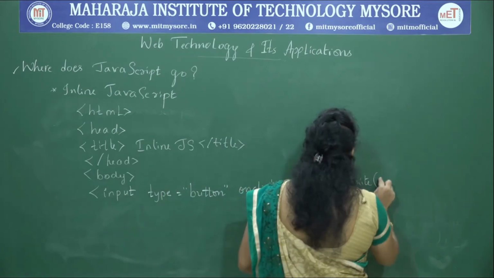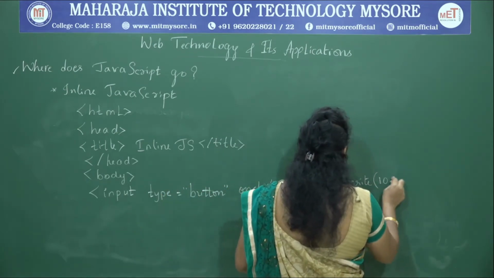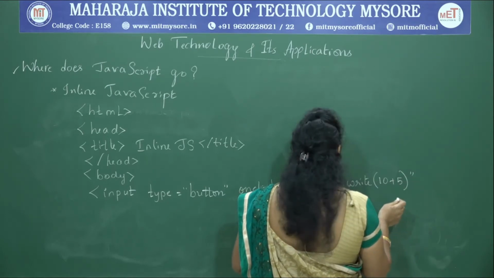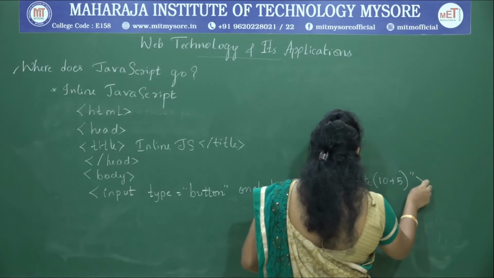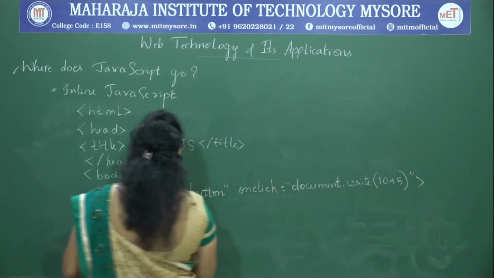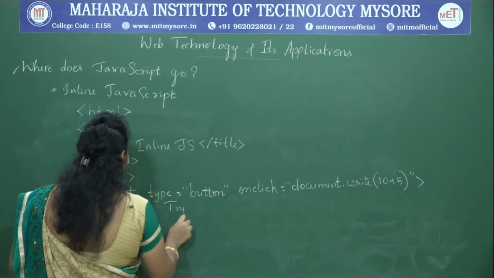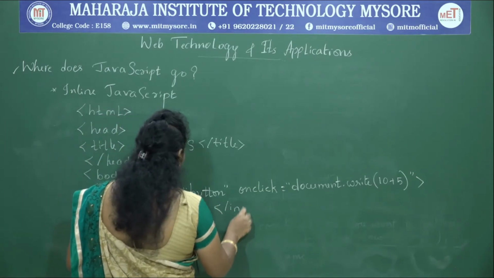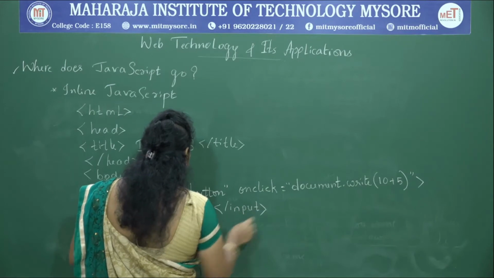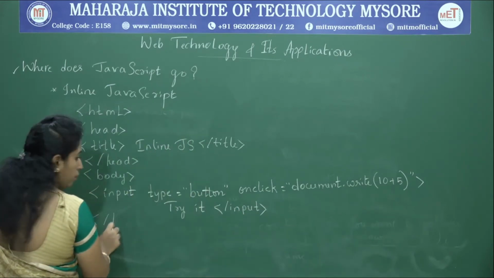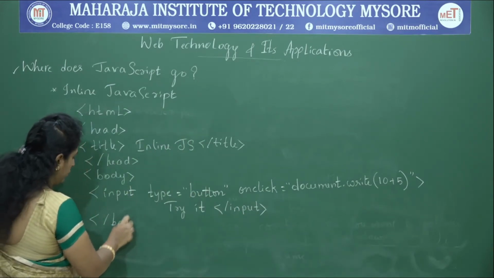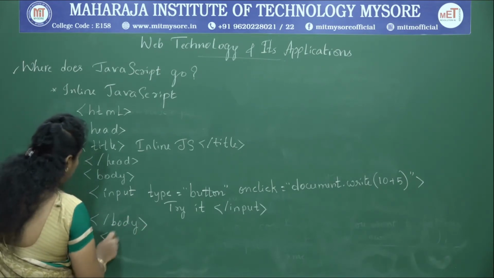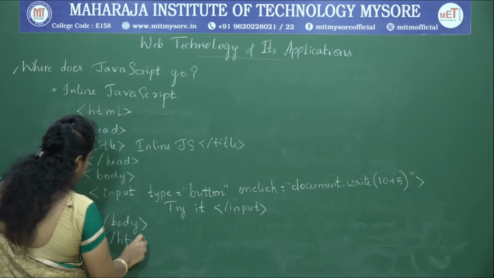Within that I am giving some example, 10 plus 5. Then I will give a value try it and also close input type. Now close body, also close HTML.